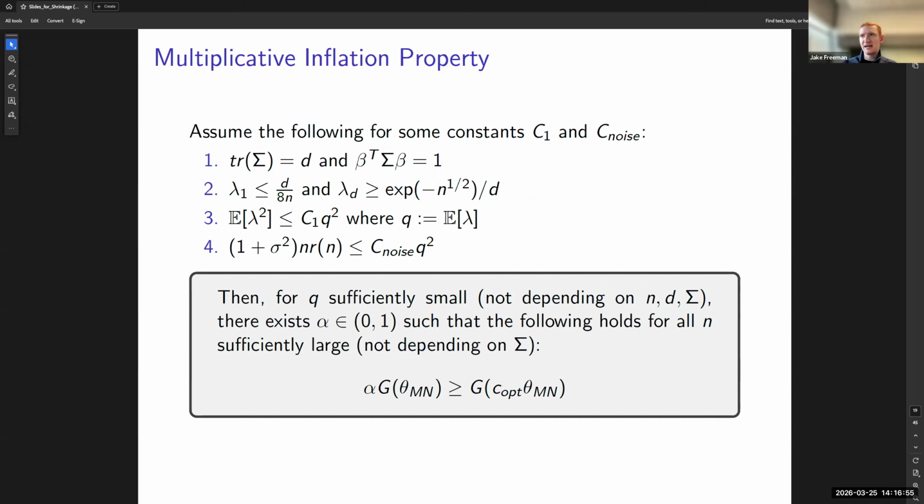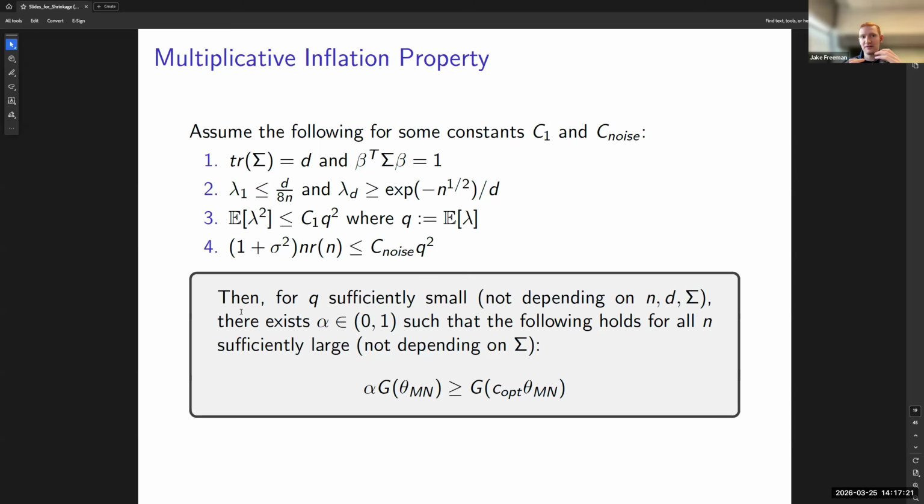We're also saying that we don't want the isotropic part to be too close to the mean as well. So this is enforcing some anisotropicity comparatively.